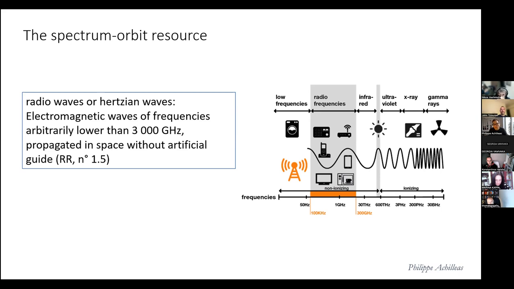So electromagnetic waves are limited in terms of frequencies. We don't have an infinite resource, because if you want to communicate, you can only use these frequencies. So this is the first resource, the spectrum.